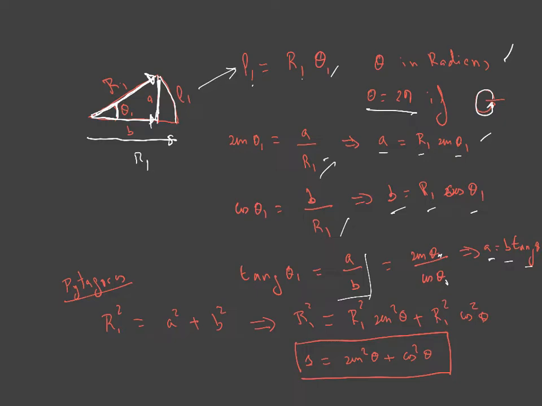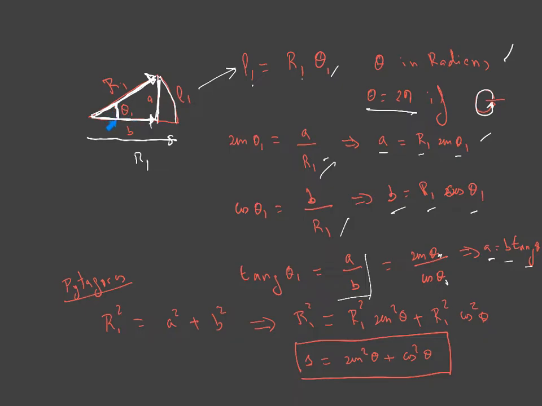The cosine is the adjacent length divided by R1. The tangent of this angle is A divided by B. So sine is opposite divided by hypotenuse. Cosine is adjacent divided by the hypotenuse.